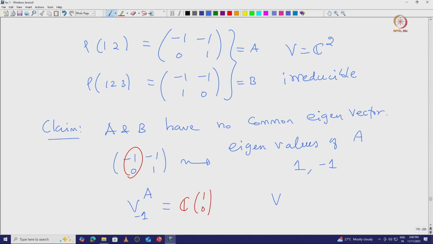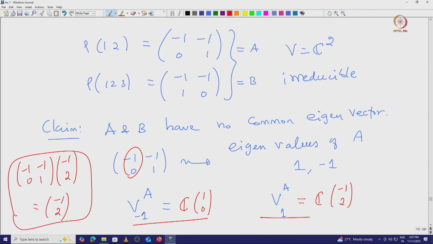So V1A, the eigenspace corresponding to the eigenvalue 1 for the matrix A, is spanned by (-1, 2), and we can directly do the computation and see that applying the matrix to (-1, 2) gives (-1, 2) again.